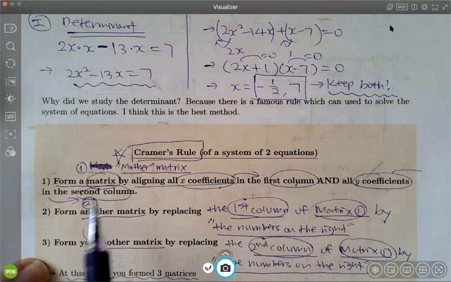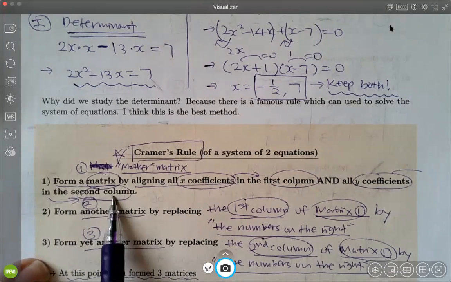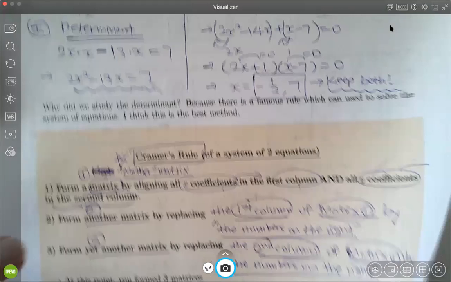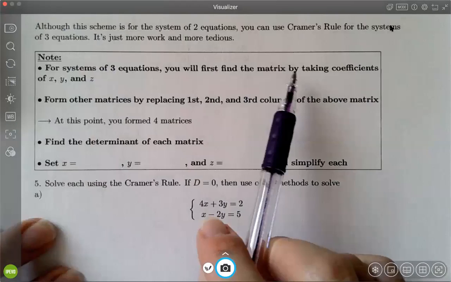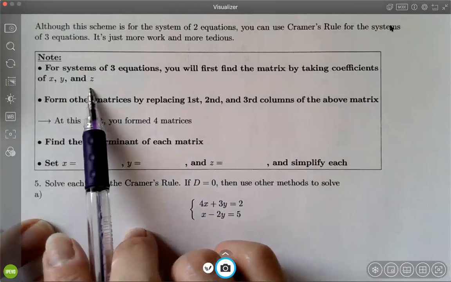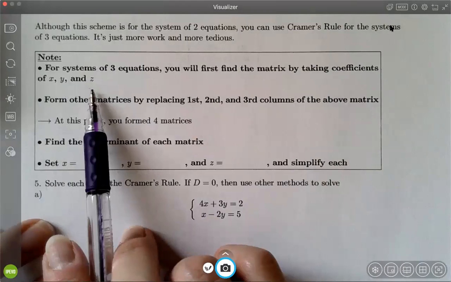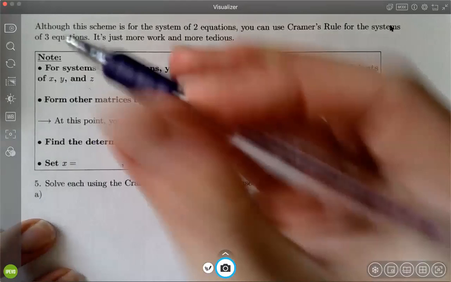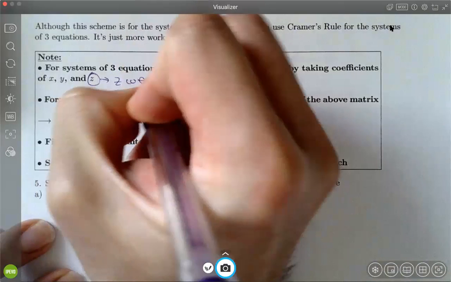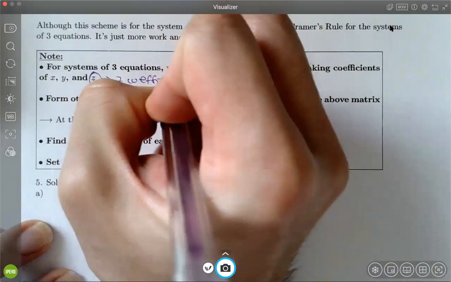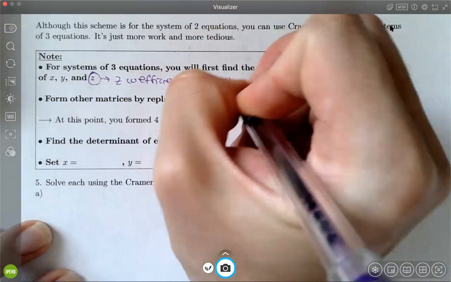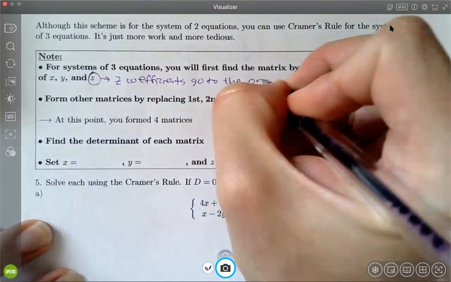That stays the same. And then one more. What is one more? The z coefficients will go to the third column. So there is an extra column here.